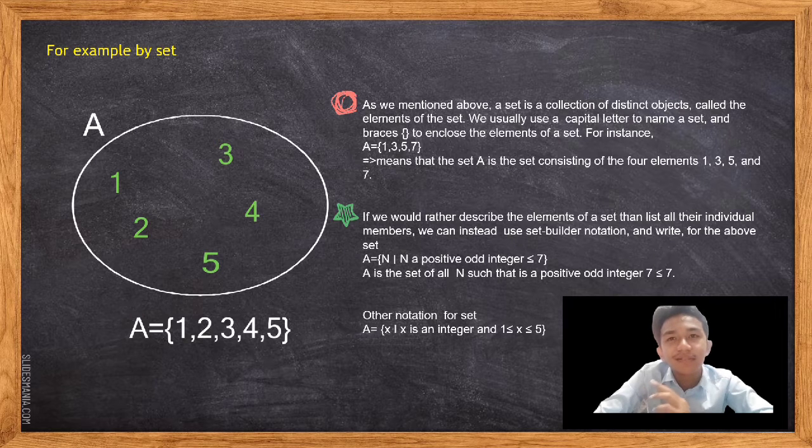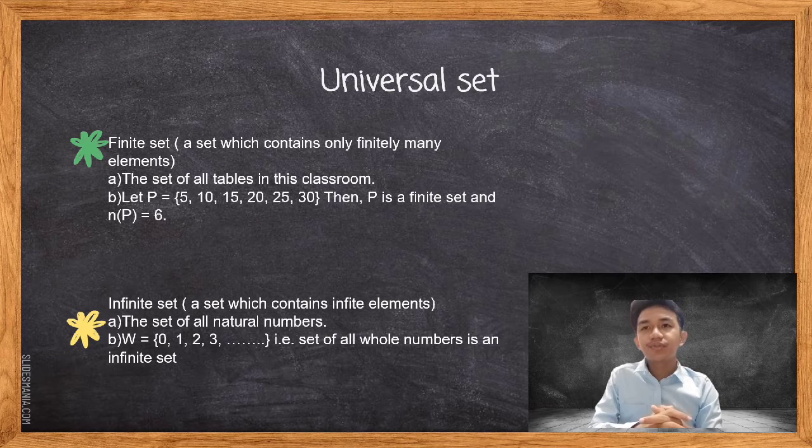You can see it behind me. So that means A is the set of all n such that n is a positive integer less than 7. Okay, so let's look at the universal set.